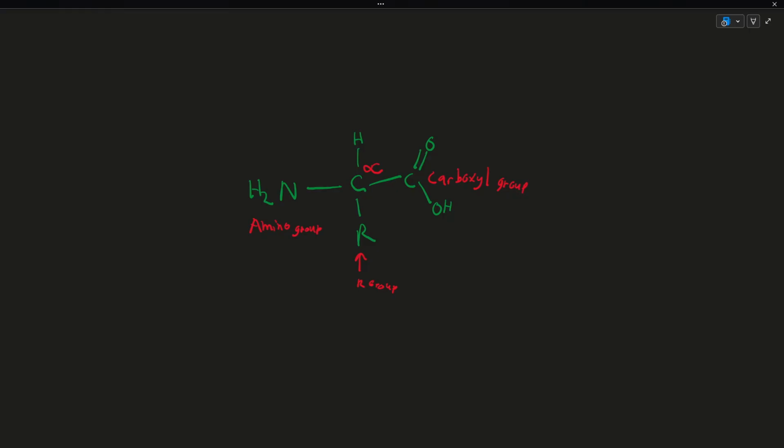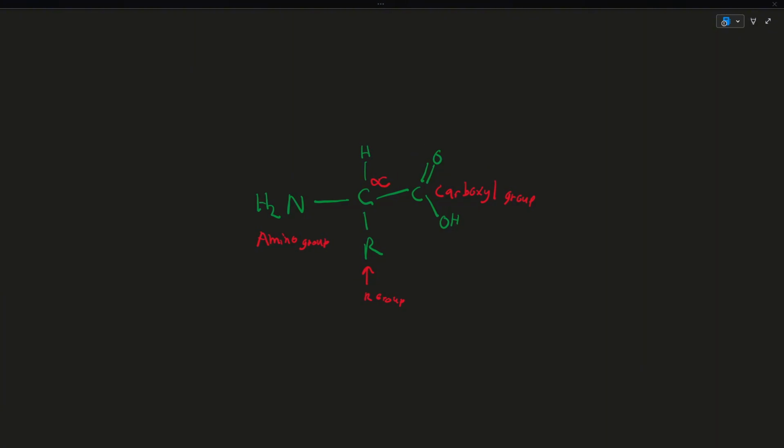So the R group is the unique side chain that distinguishes the 21 different amino acids. And so every amino acid shares the same backbone, but what changes between them is this R group. One really important thing to note is that the alpha carbon is usually chiral. So a chiral carbon has 4 unique groups attached to it.